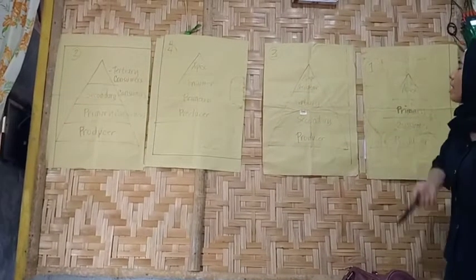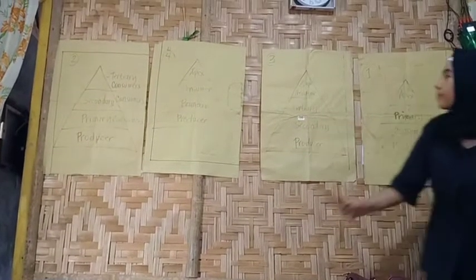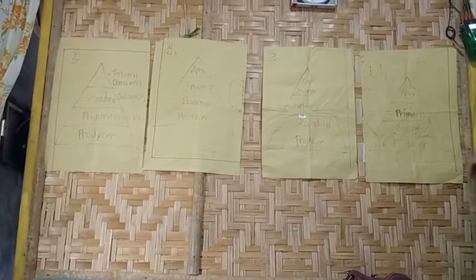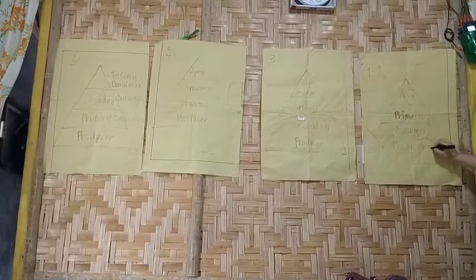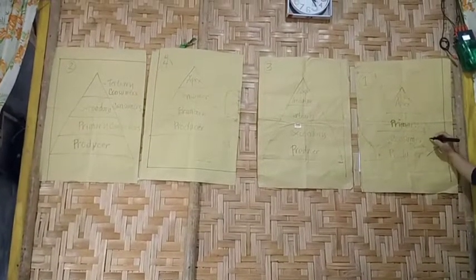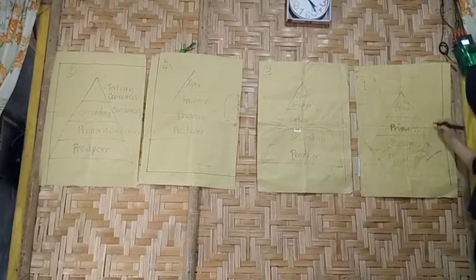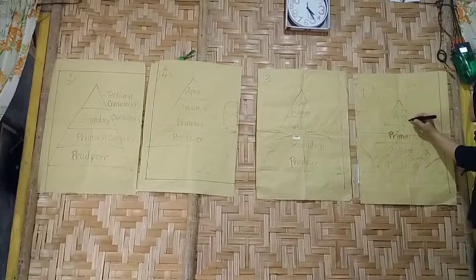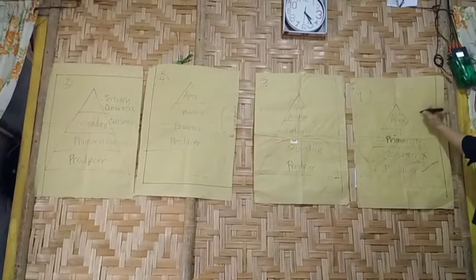Okay, over there. Group 3 and 4. Okay, for group 1, producer, check. Consumer, wrong. Apex. Okay, consider.